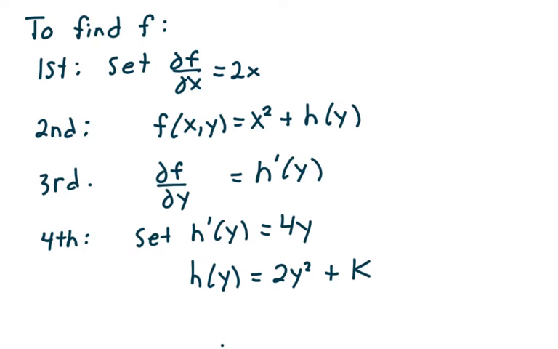To find the potential function, in step 1, we set the partial of little f with respect to x equal to 2x, the first component. Then we integrate both sides with respect to x, and so little f of x, y is x squared plus h of y. Why do I use h of y?